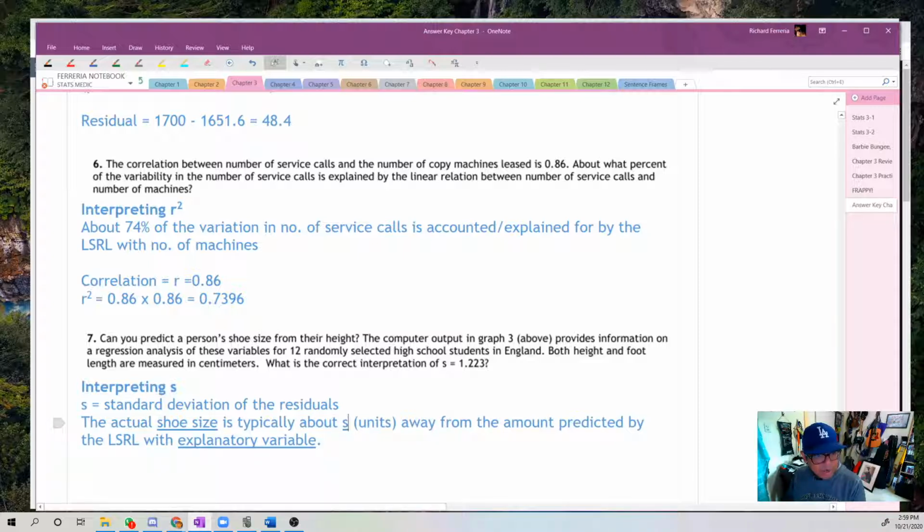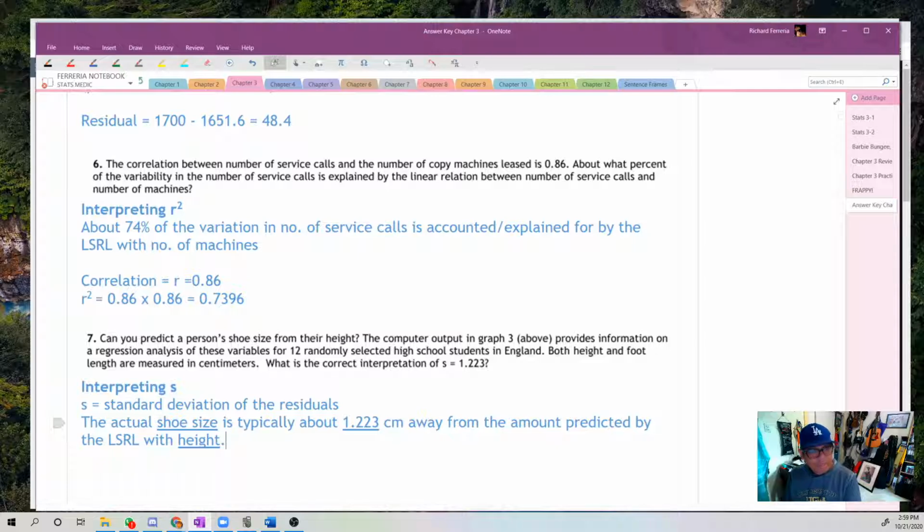The next blank here is S, and S was 1.223. What units were we in? I think they were both in centimeters. So 1.223 centimeters away from the amount predicted by the LSRL with, and what was our explanatory variable? Well, that was height.